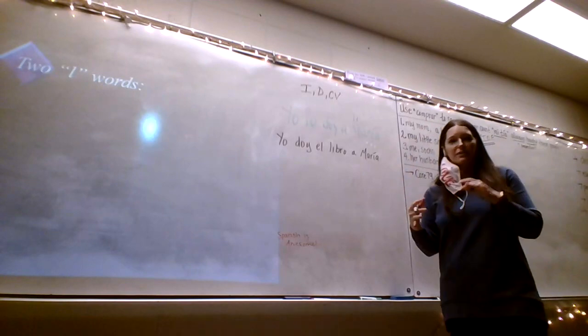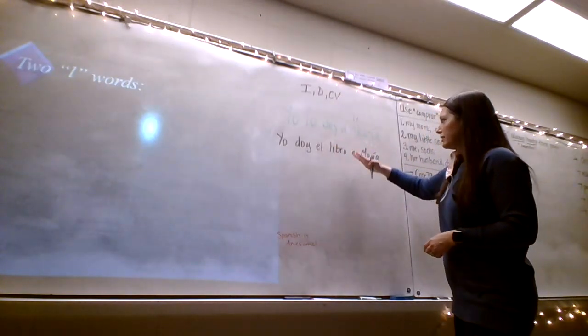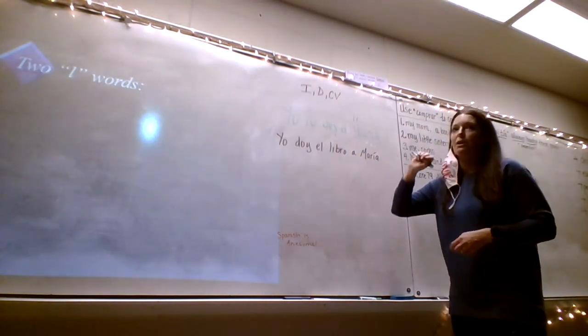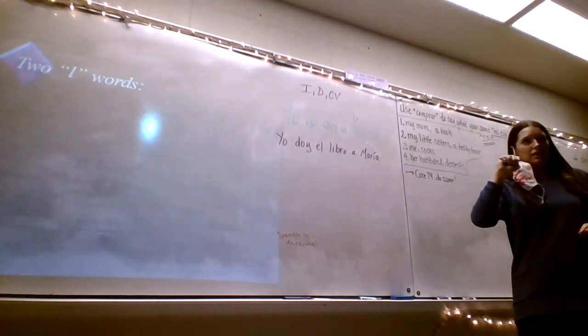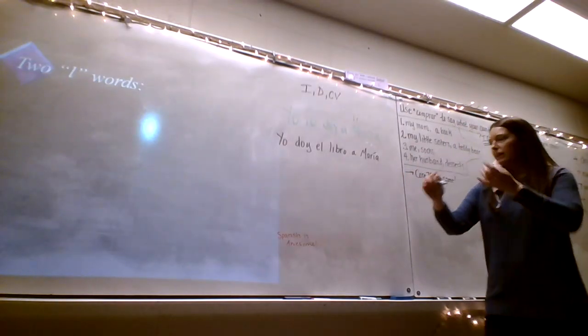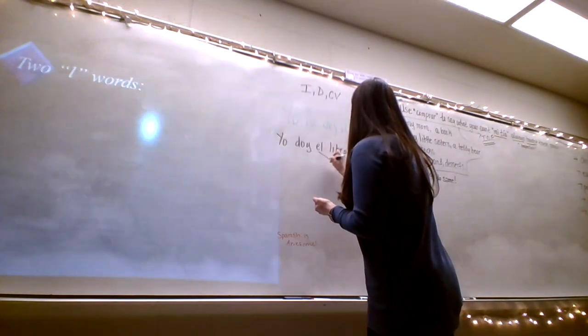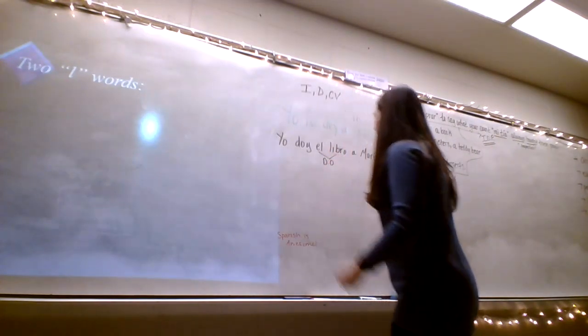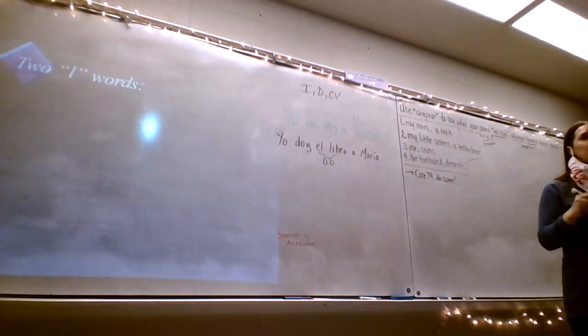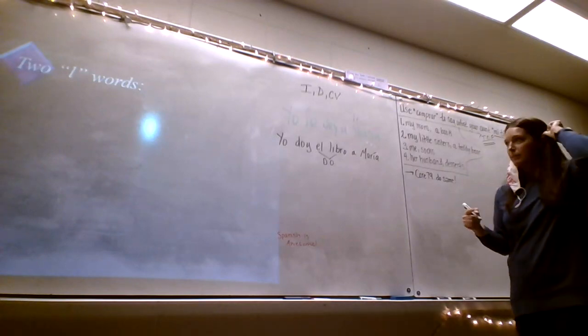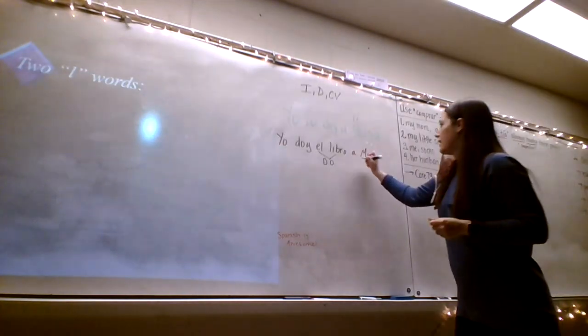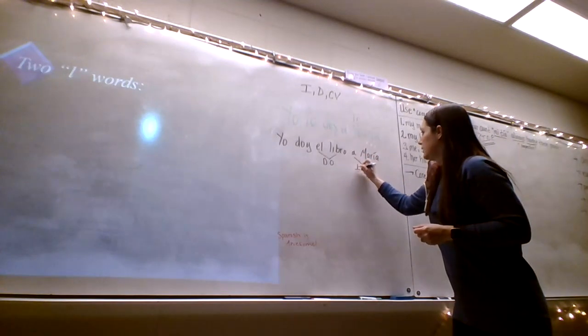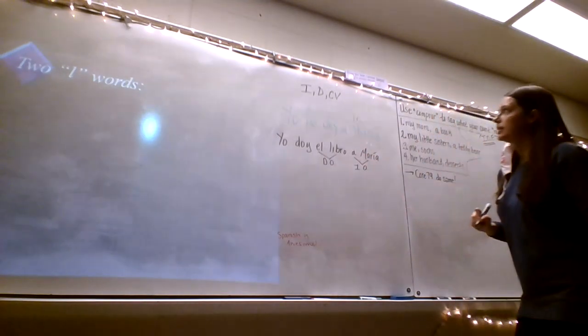That way you've got in your notes a really good example. So, yo doy el libro a Maria. Where's my direct object? What am I giving? Yes. So label this. Direct object. Okay. To whom or for whom is my indirect. So where's my indirect? Maria is my indirect. Okay.